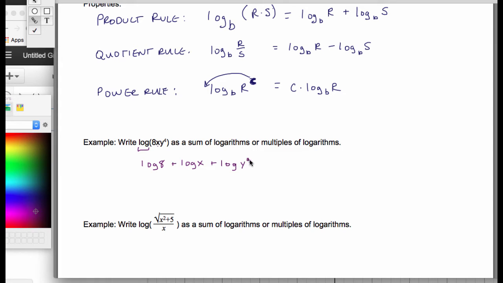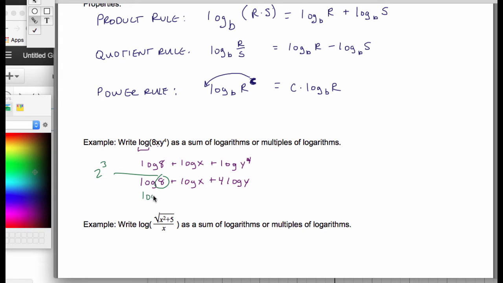Well, because this y to the fourth now looks like the power rule, I can actually make it even simpler. So I can say log of 8 plus log of x plus 4 log y. Well, actually I can simplify it even further, because this 8 right here can be written as 2 to the third power.